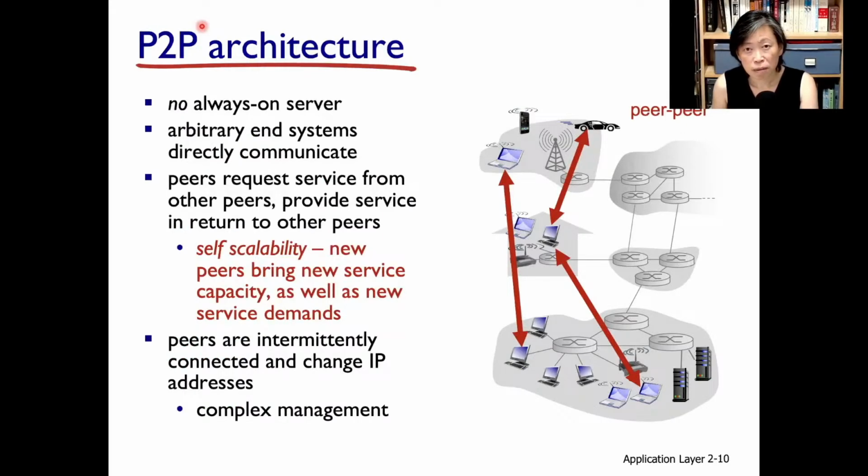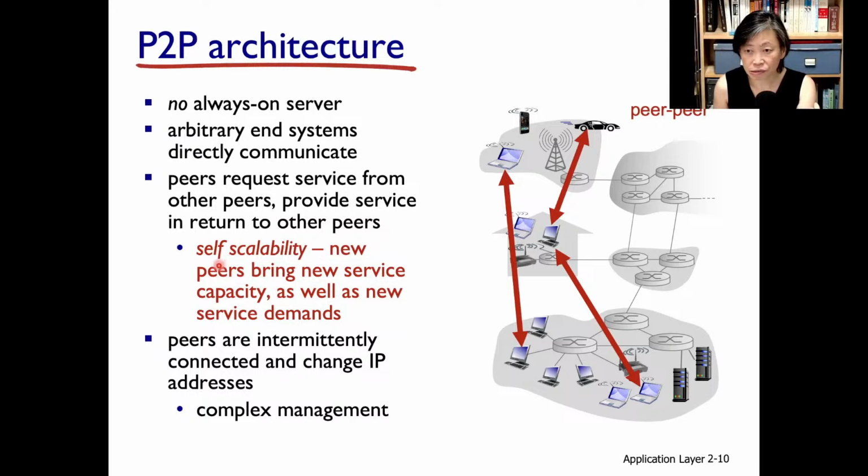In the P2P model, we no longer have the always-on servers. In fact, all these end systems would directly communicate with each other and treat each other equally. So in this P2P world, think of it this way. Everyone is born equal. So the equal peers will request services from each other. They also provide services to each other.